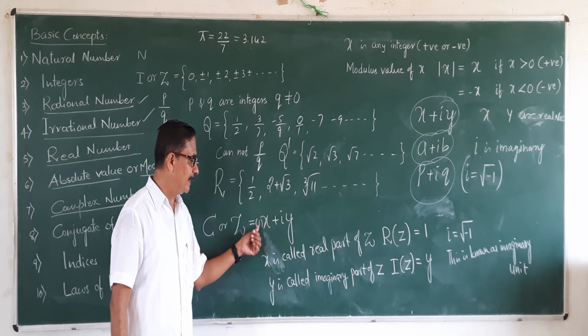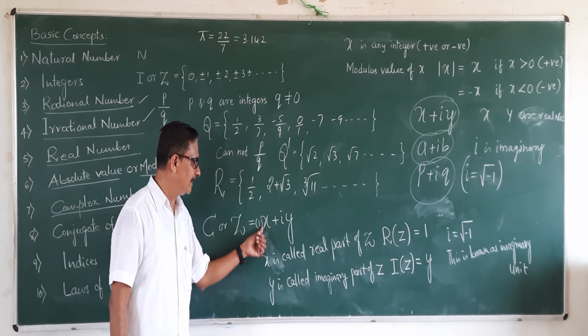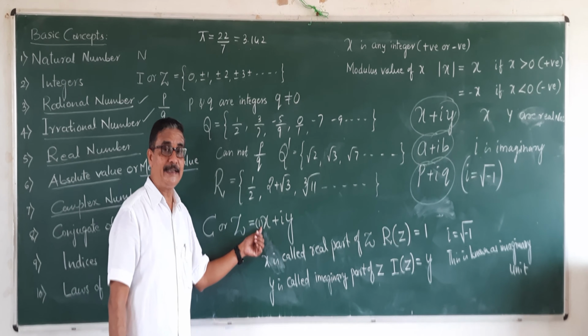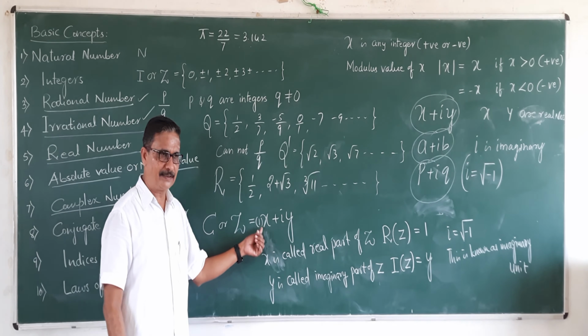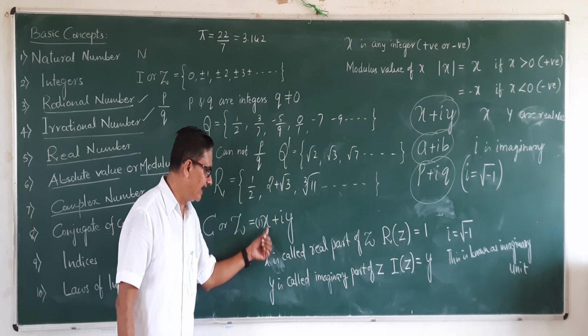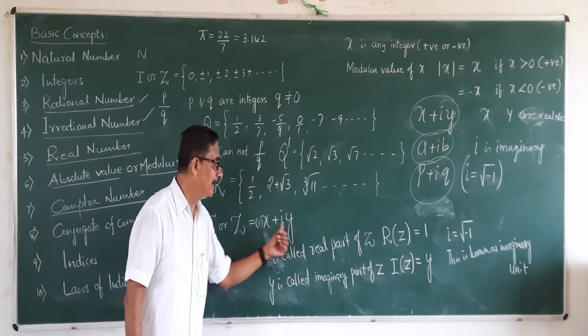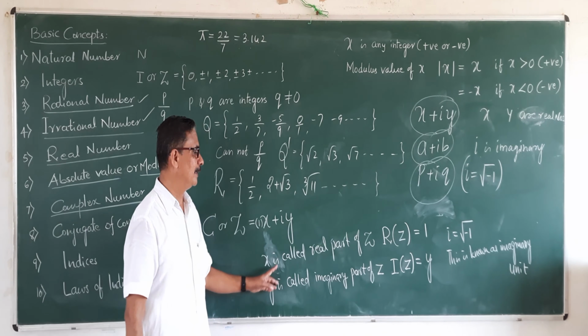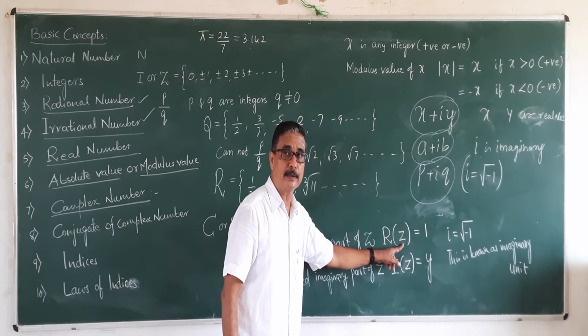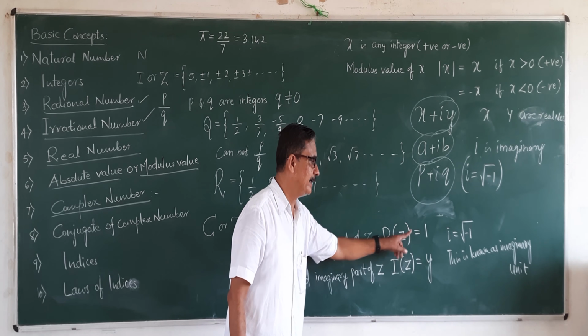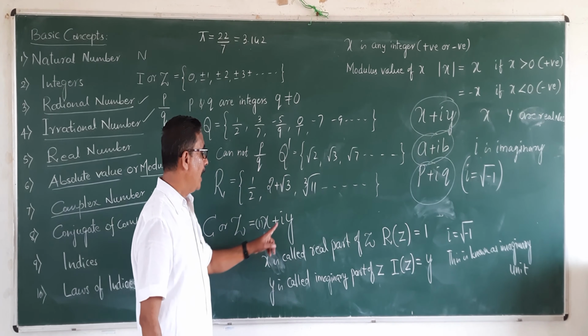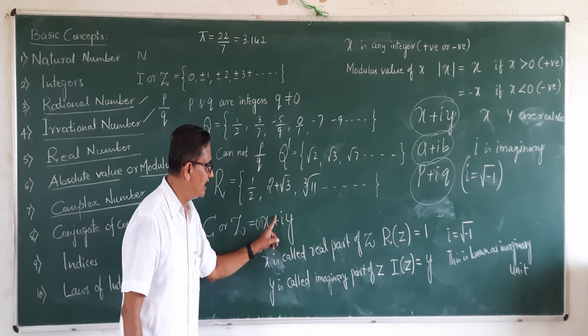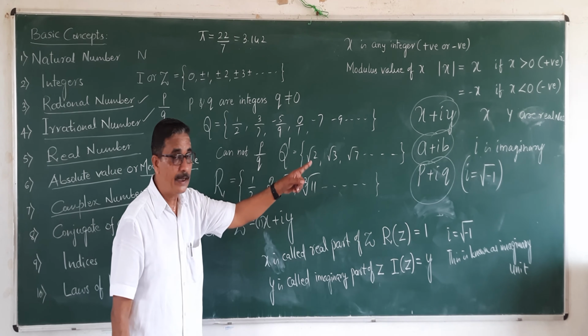Here coefficient of x, what is there, 1, that is a real number. Is it real or not? Yes, it is a real number. Therefore x is called real part of complex number denoted by R of z. R of z is equal to 1. And y, look, the coefficient of y is i. i means imaginary.